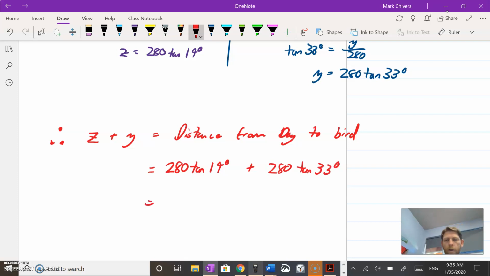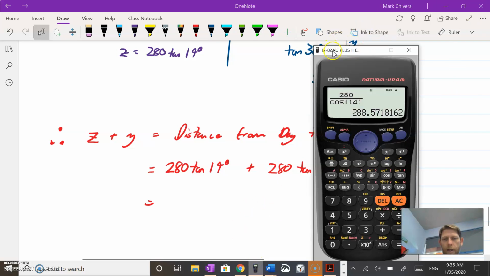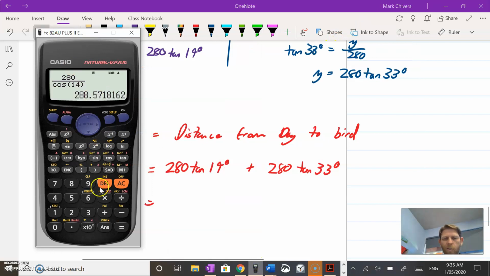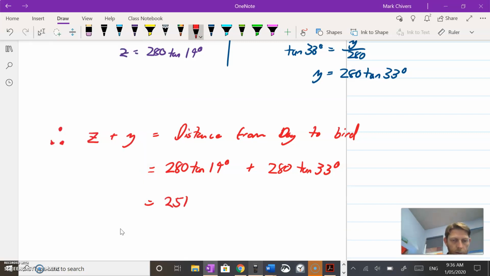And I can just plug those into my calculator. But rather than doing all those calculations and keeping those weird numbers in my calculator, by waiting till the end here, I do the calculation just once. So 280 times tan 14 degrees plus 280 times tan 33 degrees. And we press equals, and then it'll give us a nice easy number. We'll go to one decimal place again, so 251.6, and that's to one decimal place. So we've got a nice little answer there.